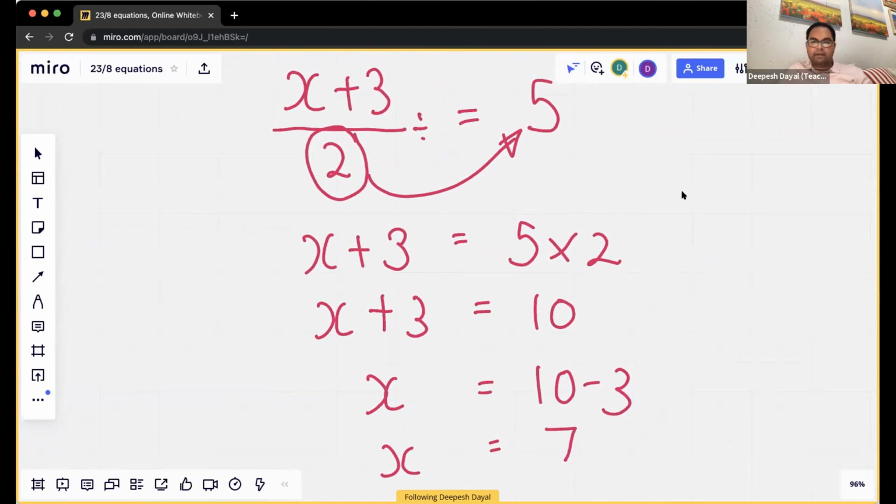Have a look at this one and see if it makes sense. So this one's got a divide in there. Okay, any questions regarding this one?